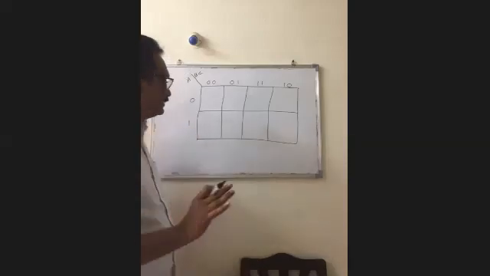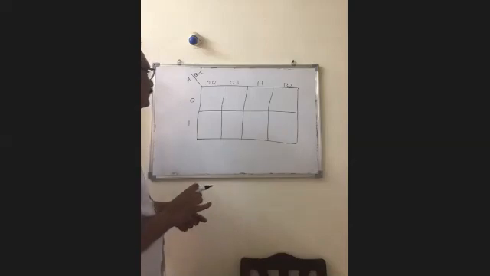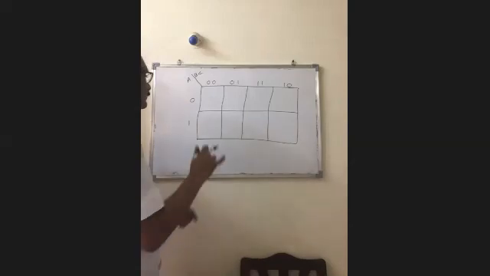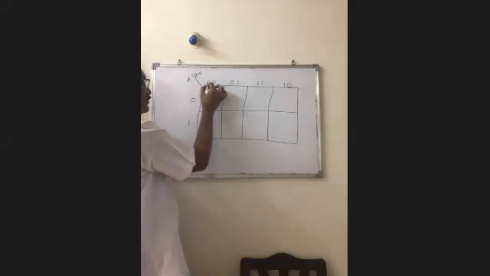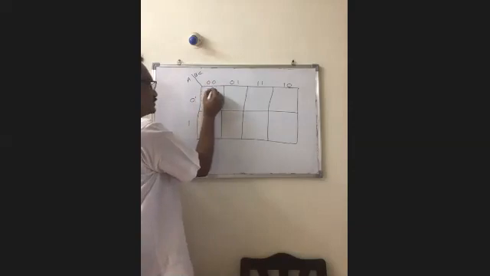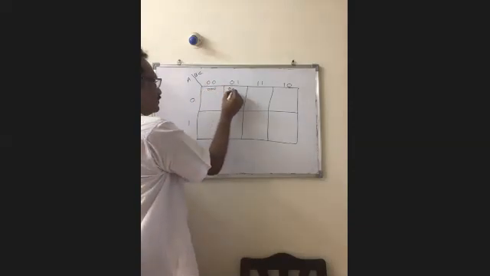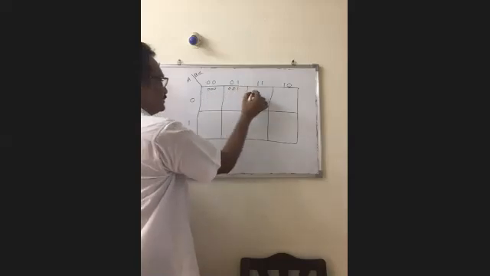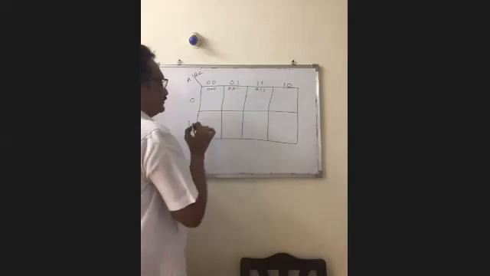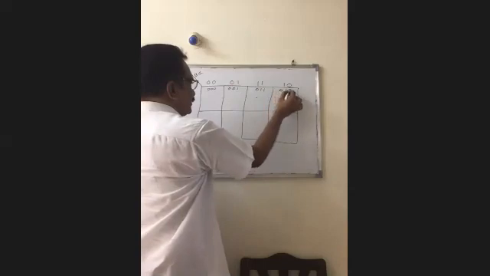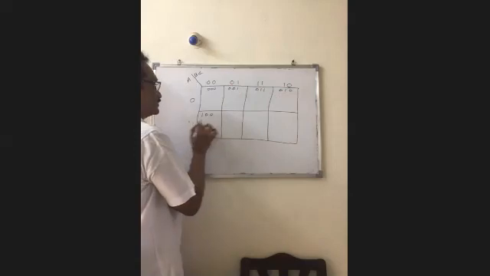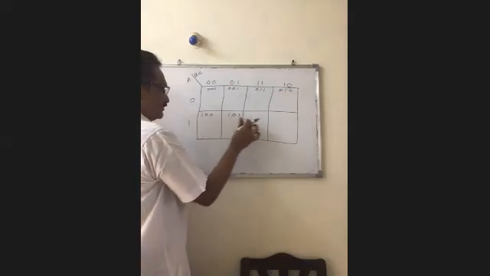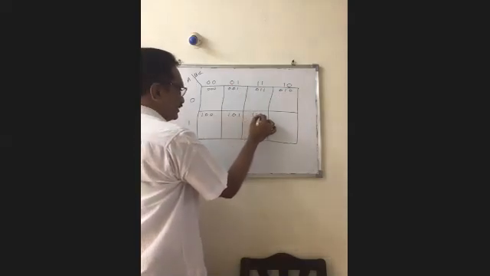For example, it is written as 0 0 0, 0 0 1, 0 1 1, 0 1 0. This one 1 0 0. This one 1 0 1. For this one 1 1 1.